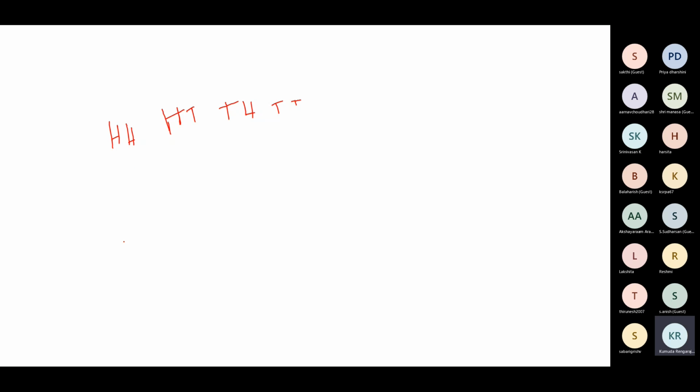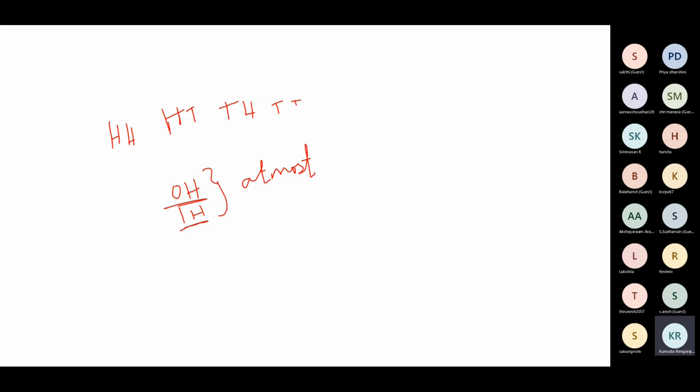So you have to take these outcomes where we have 0 heads and one head, because both of these represent at most one head. At most one head means one or less than one.